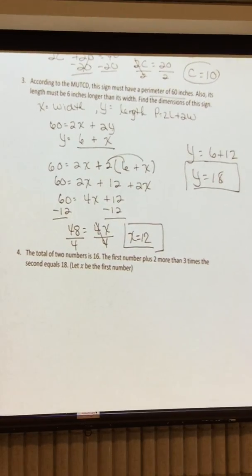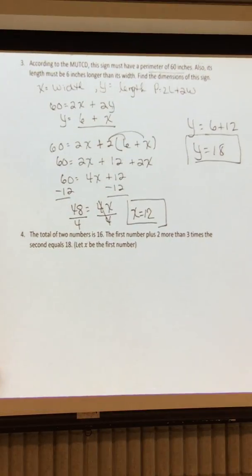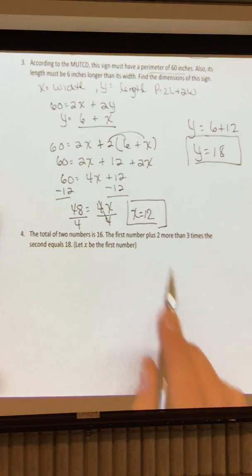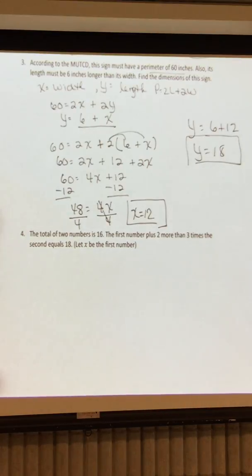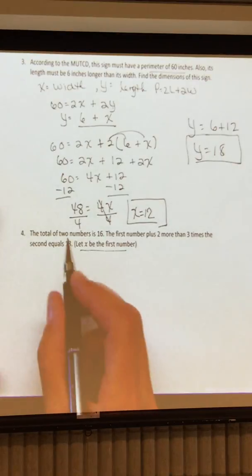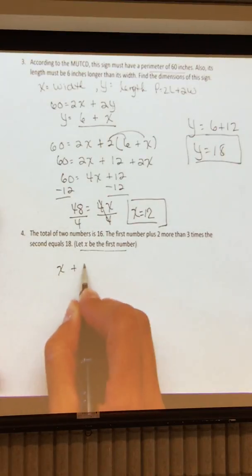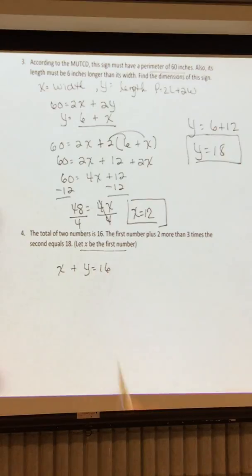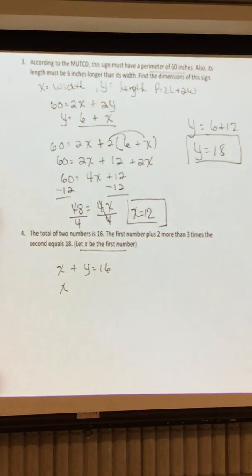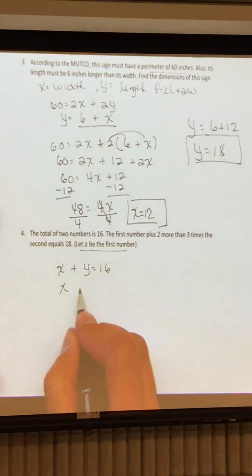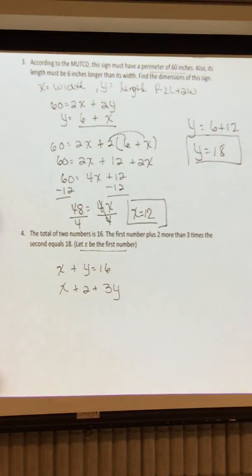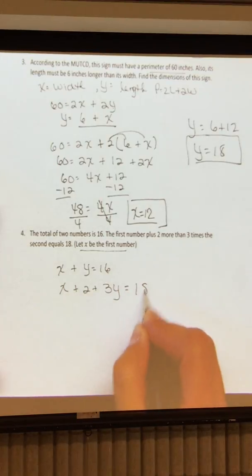Number 4, the total of two numbers is 16. The first number plus 2 more than 3 times the second number is 18. So if we let x equal the first number, we have two numbers that total 16. And the first number plus 2 more than 3 times the second number is equal to 18.